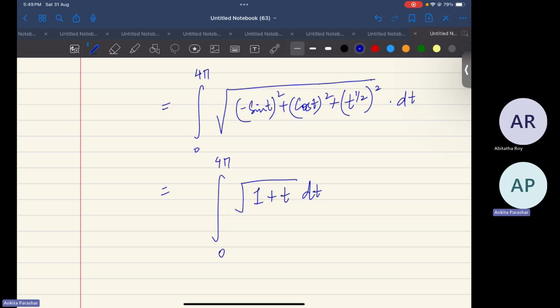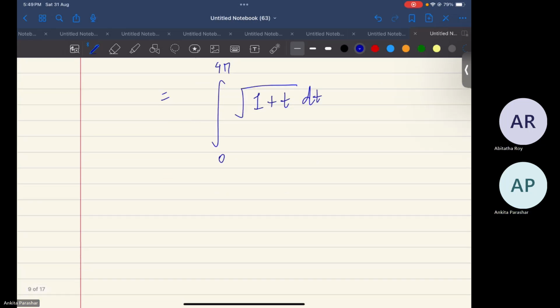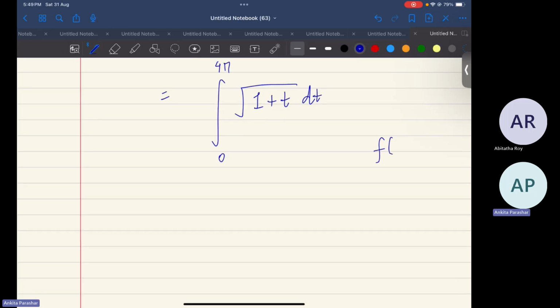Now how to integrate this? If you have any function, of course I cannot integrate it unless I say what that function is. What is the integration of this? Okay, if not, then you can tell this maybe.